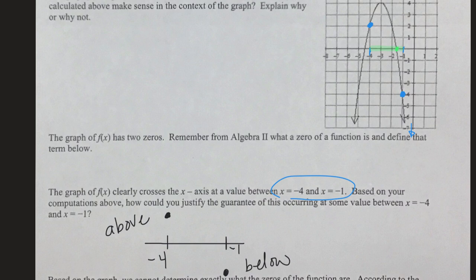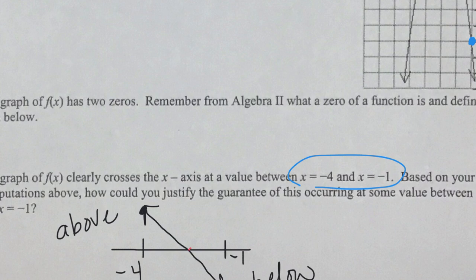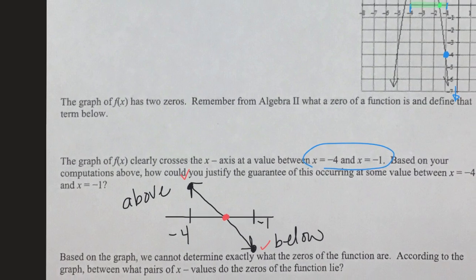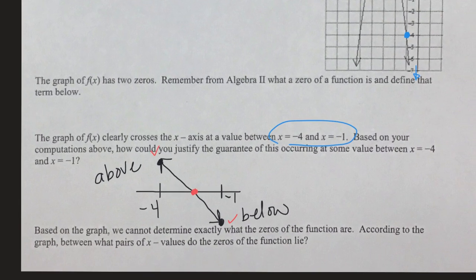So somewhere between above and below, since your graph is continuous, it doesn't have any gaps or jumps, somewhere between -4 and -1, your graph has to cross the x-axis. In order to go from a positive value above at -4 to a negative value at -1, your graph has to cross the x-axis sometime. Your y value has to be 0 at some point in there.